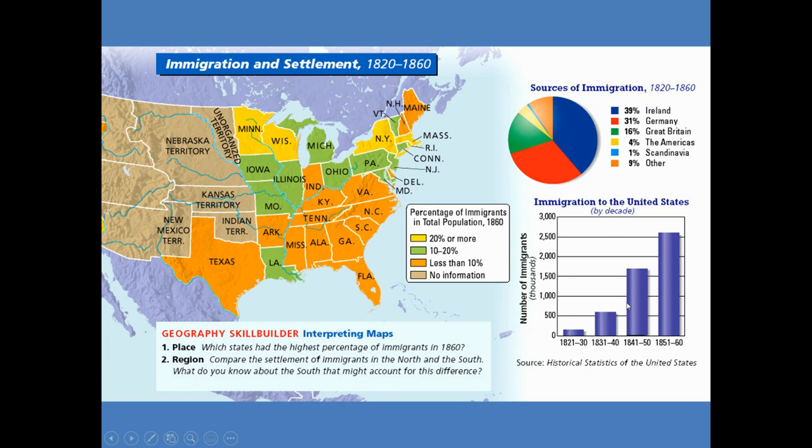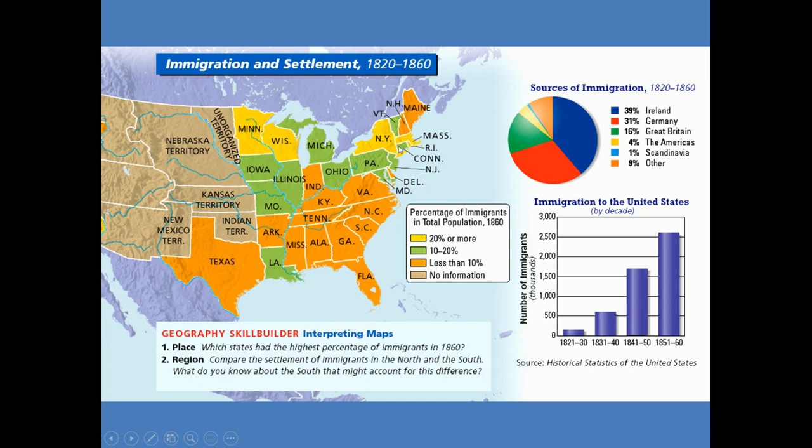You can see this bar graph that shows the immigrants from 1820 to 1850. And as you see, New York, Massachusetts, Rhode Island, Wisconsin, Minnesota, you're going to see 20% or more of the population as immigrants. Now, one thing to keep in mind is if you were an immigrant coming from Europe and you had some kind of skill, if you were a carpenter or if you had some money, you had a lot more options.